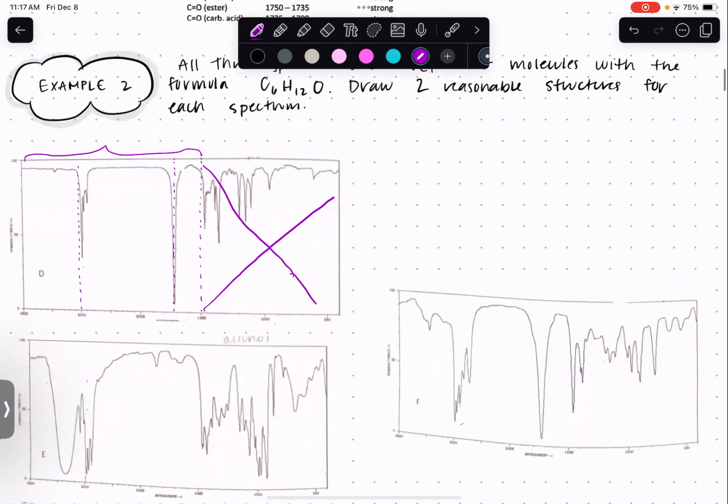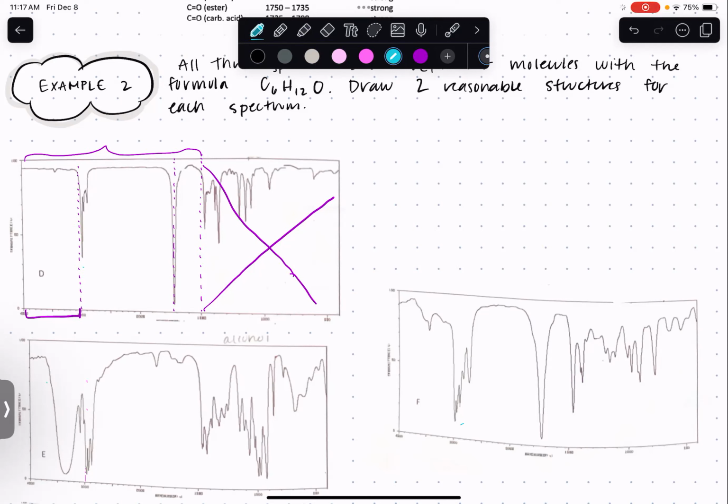A couple of things that I look for specifically in this region above 3000 is if I get any big broad stretches or if I have any short staggered peaks there. And there's actually nothing above this 3000 line here.